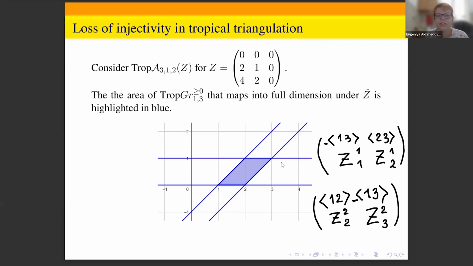And we can take a chart x3 equals 0. And we have only this blue quadrangle mapping into the tropical amplituhedron injectively, but everything else collapses onto the boundary of the image.